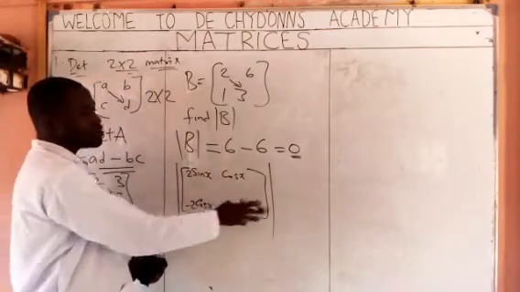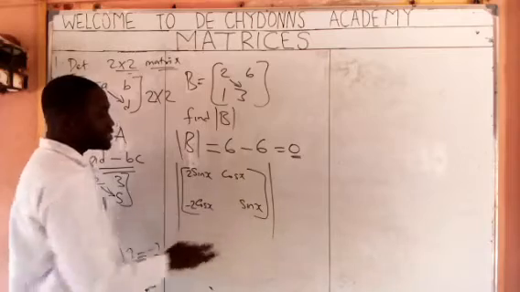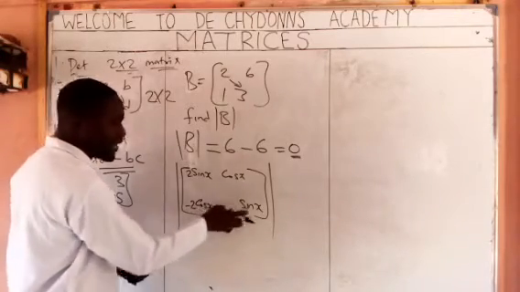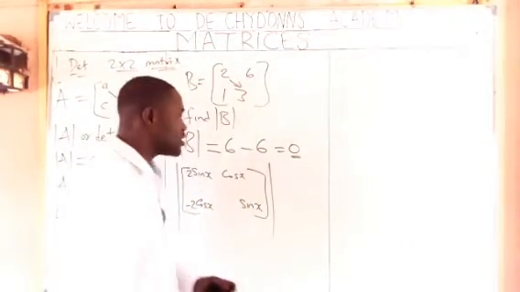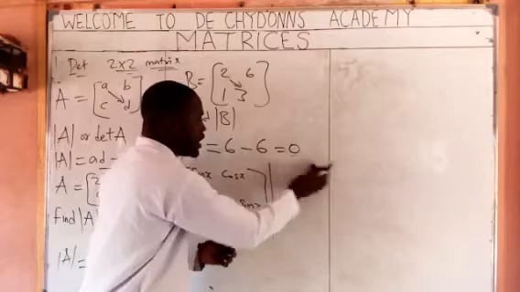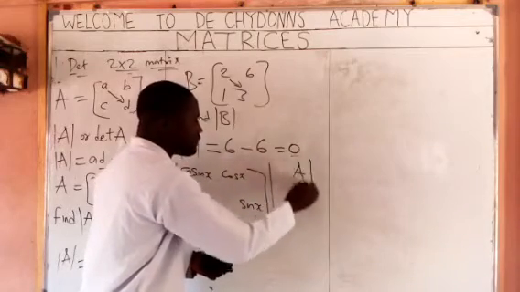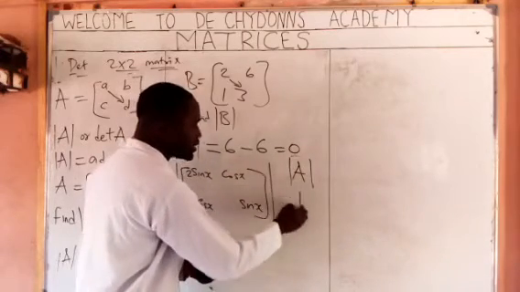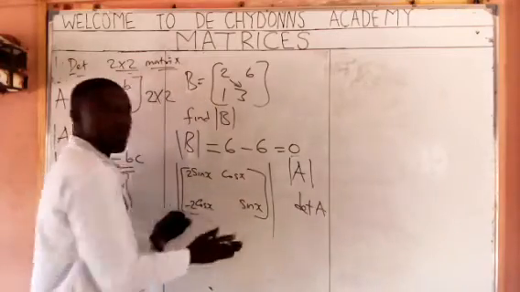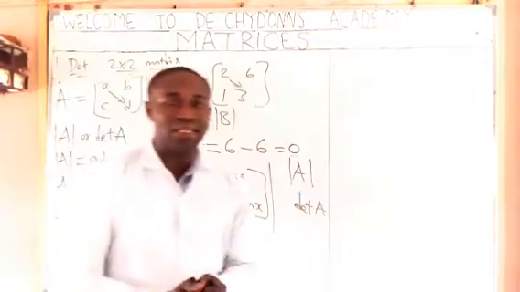Writing a matrix with bar lines by the side simply means get the determinant. So whether they write it alphabetically, or write it this way, or they say det A, or they package it this way, it is talking about getting the determinant.